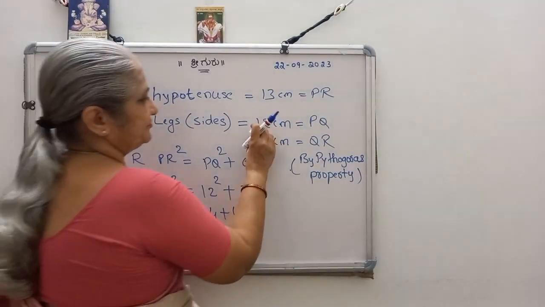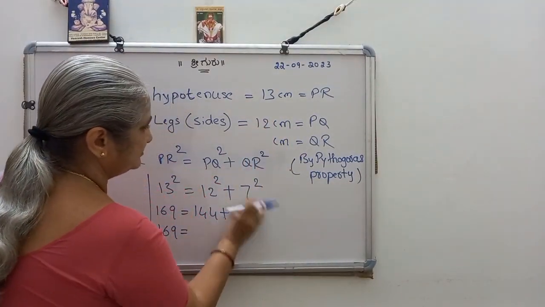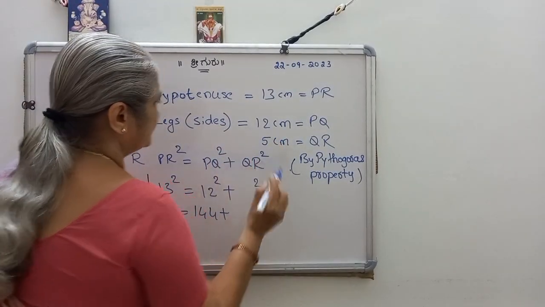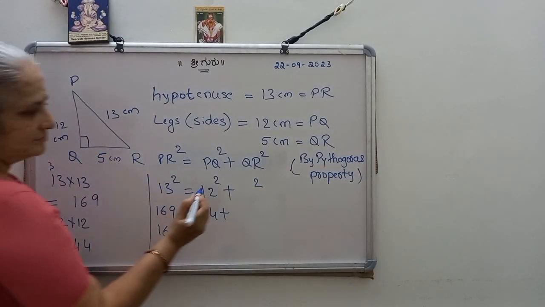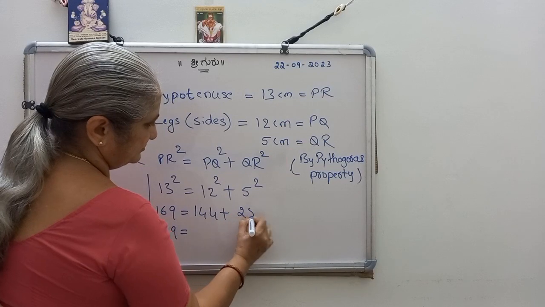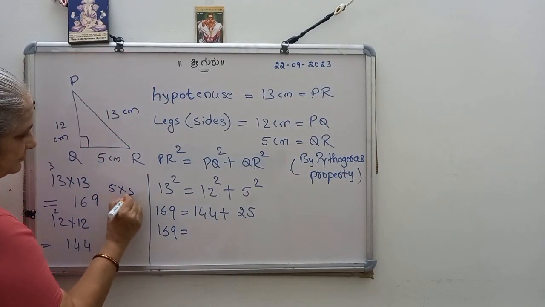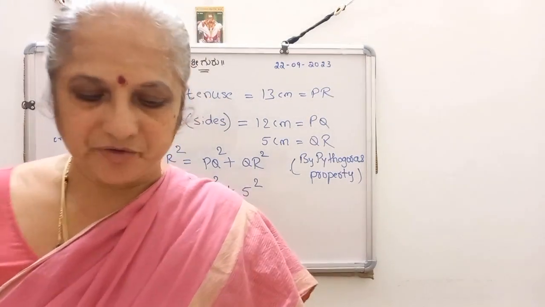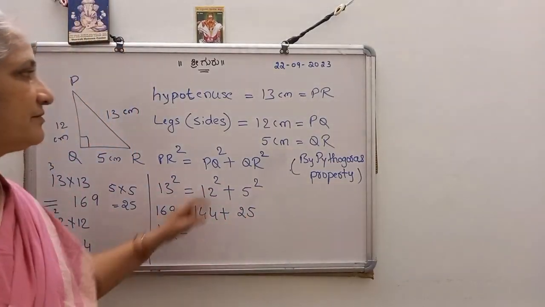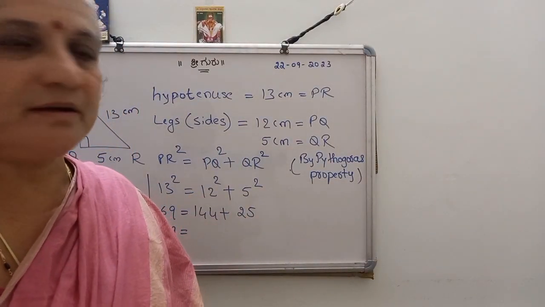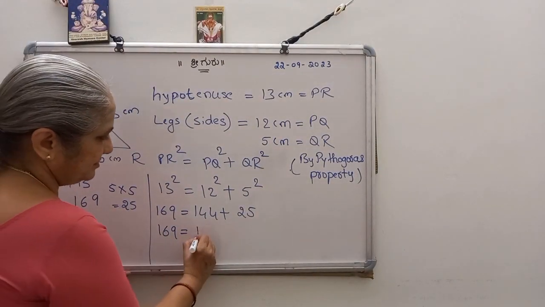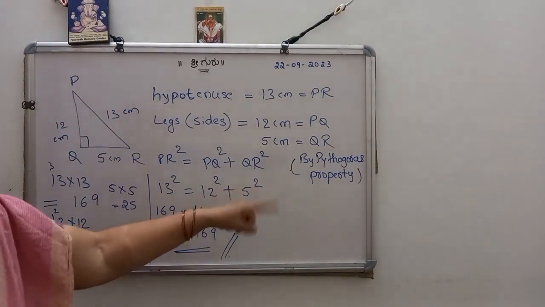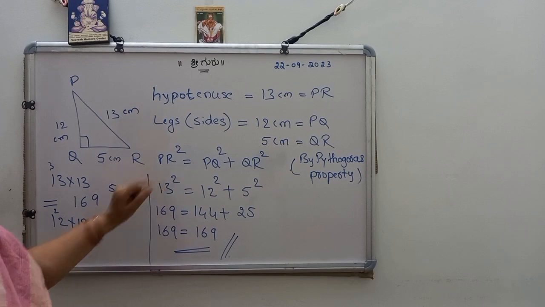I only forgot C. Mistakes happen. So you have to correct yourself. 5, 12, 13 is another Pythagorean triplet. 169 is equal to 169. Hence, Pythagoras property is correct.